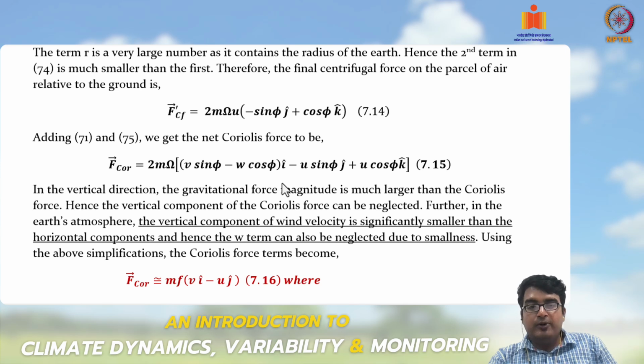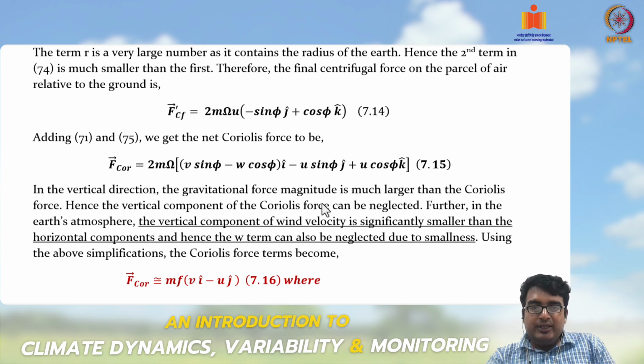This is the zonal component, plus u sin phi j, this term here, u cos phi k, this term here. Okay. These are the x component, y component, z component of the Coriolis force.